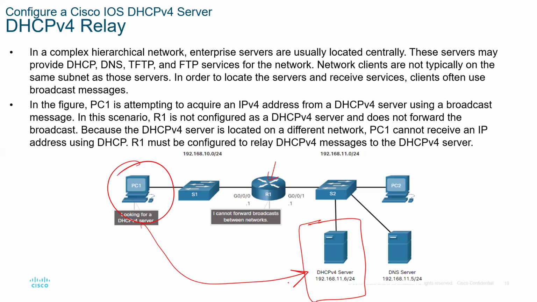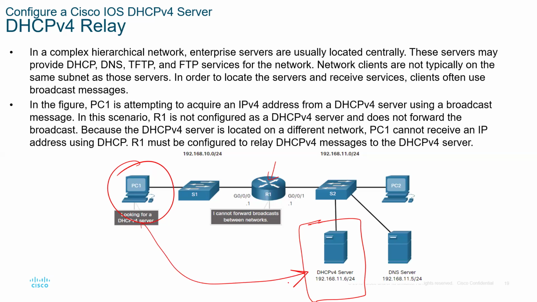It either cannot be on the same subnet or it cannot be on the same VLAN, for reasons that we discussed when you did VLANs, when you did network segmentation. When we did network segmentation, we talked of security. We talked of performance.